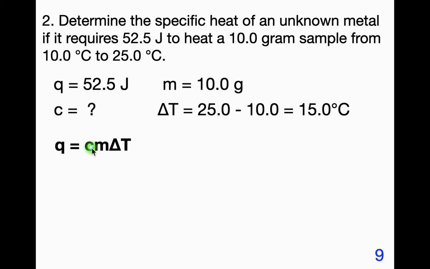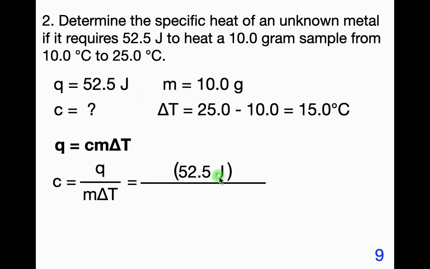So if we divide both sides by m delta T, we would get that C, specific heat, is equal to Q divided by m delta T. So all I did was divide both sides by m delta T, and that would be what C, specific heat, is equal to. So now I can just plug in all of the values that we know. So Q is 52.5 joules, M is 10 grams, and the change in temperature is 15 degrees Celsius.